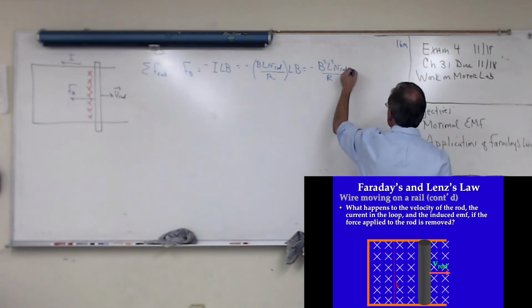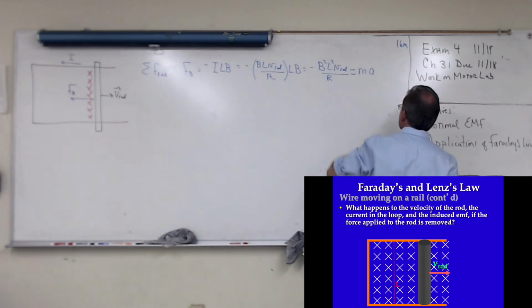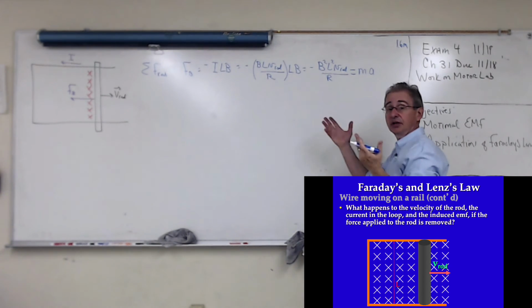And this has got to be equal to the mass of the rod times the acceleration of the rod. But the acceleration of the rod is just dv/dt.